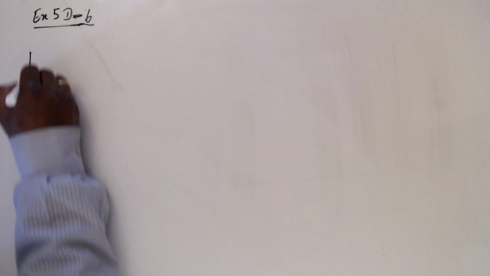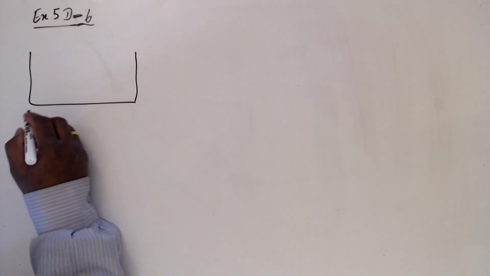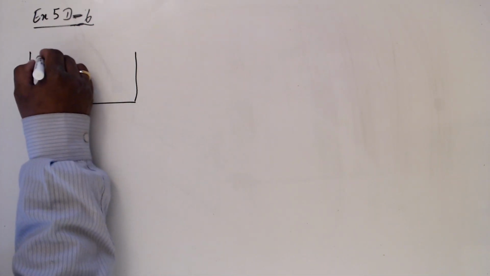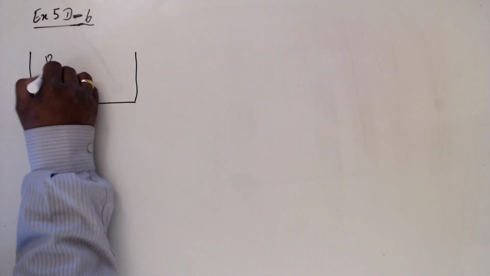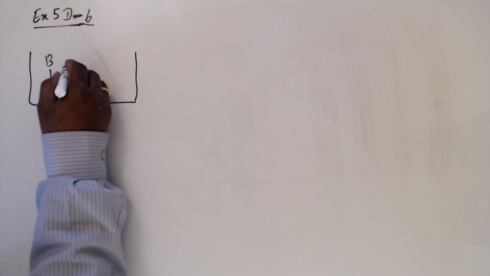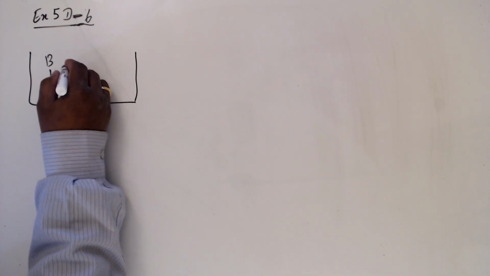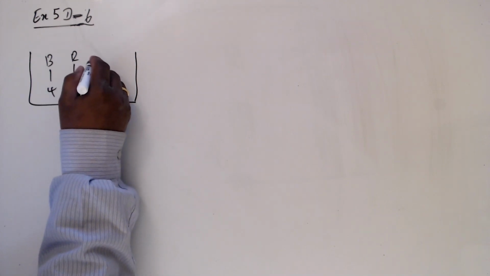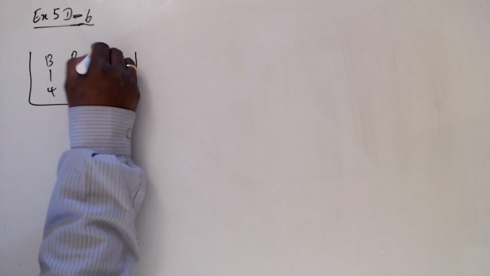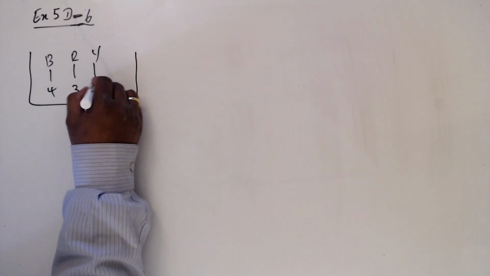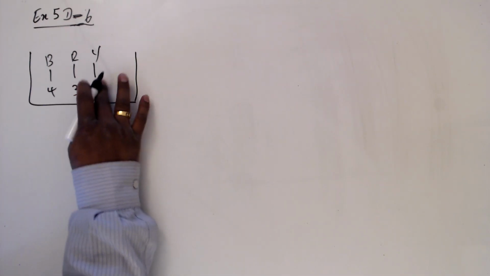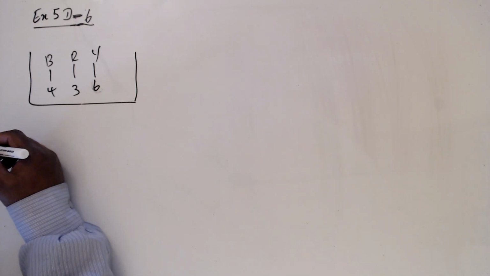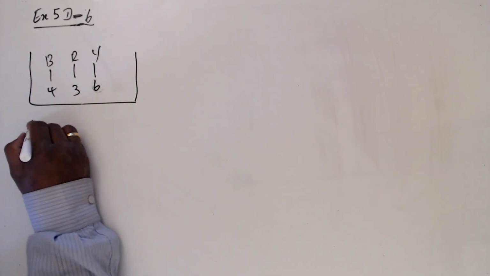And question number 6. It is about tokens. 13 tokens: blue 4, red 3, and yellow 6. So this is without replacement.